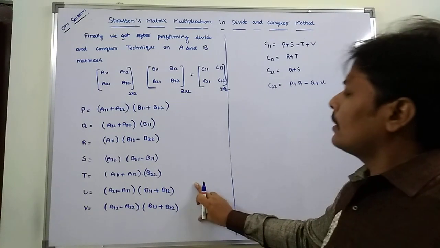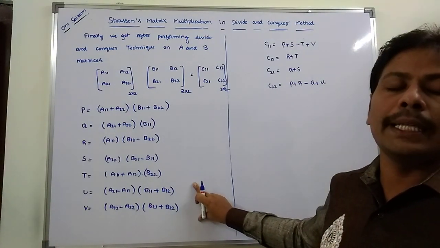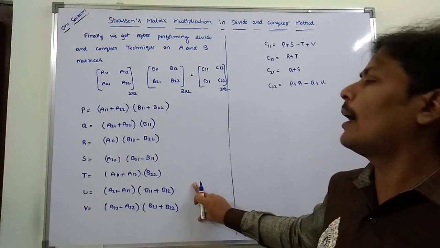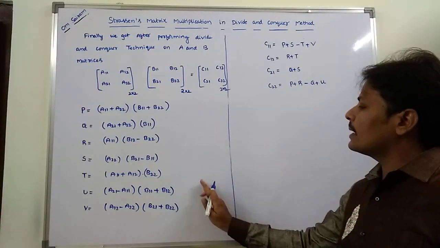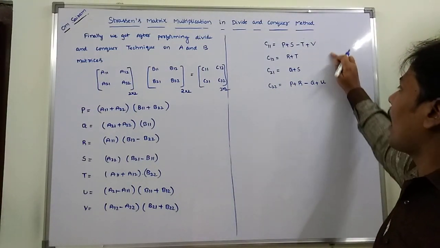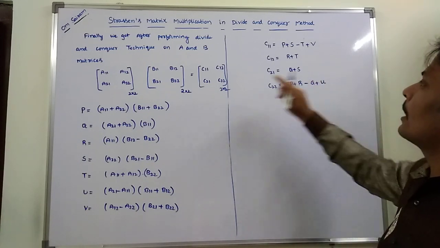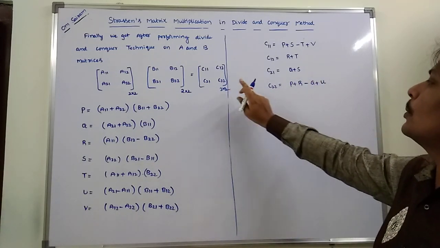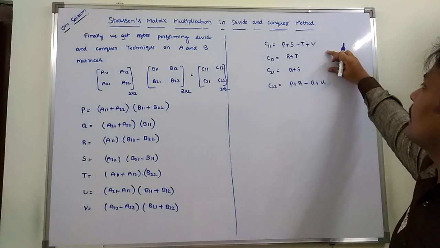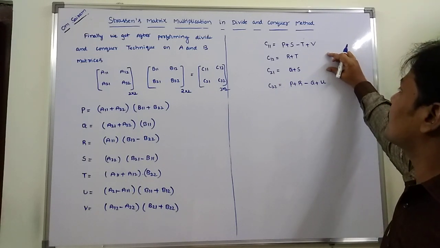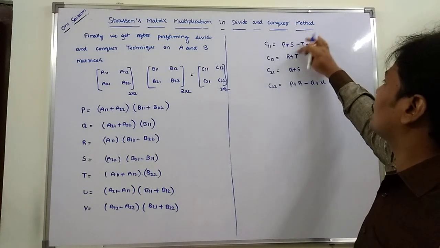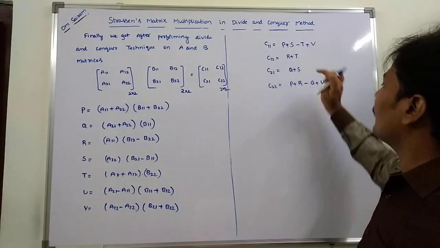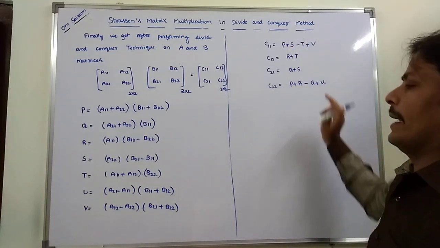So in this one, there are 7 multiplications and 10 additions or subtractions. By using these 7 equations, we have to find C11, C12, C21, C22. In this one, how many additions are there? 1, 2, 3, 4, 5, 6, 7, 8.